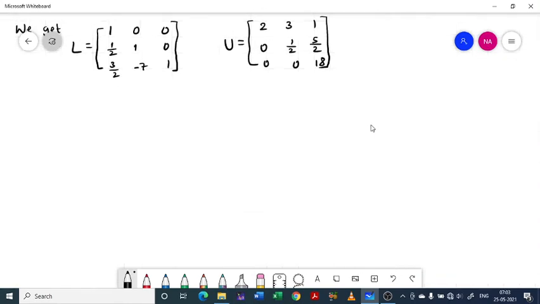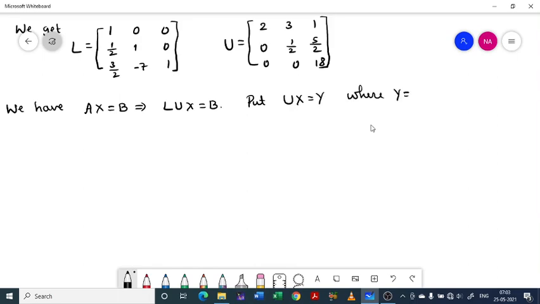Now we have AX equal to B, which implies LUX equal to B. Put UX equal to Y, where Y equal to Y1, Y2, Y3 transpose.